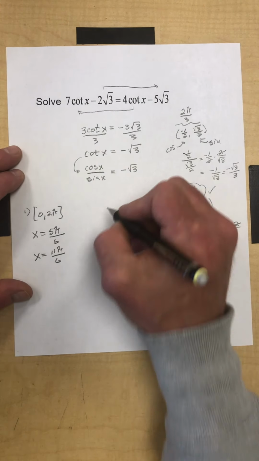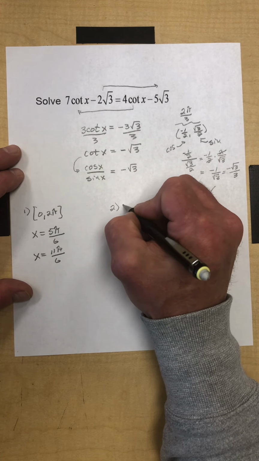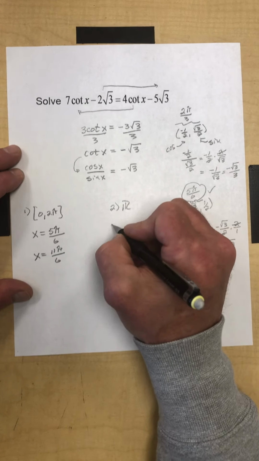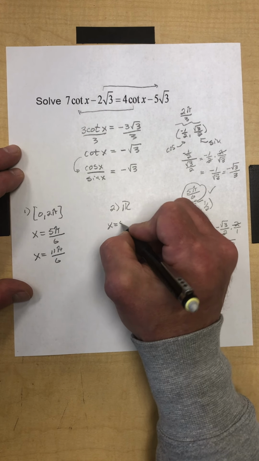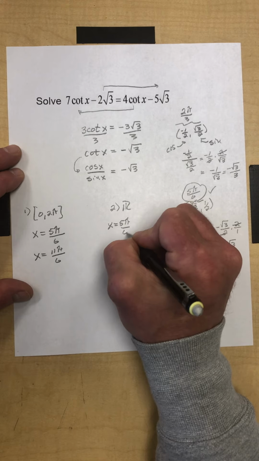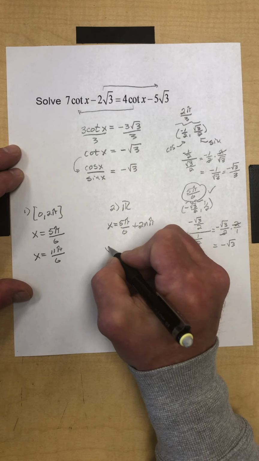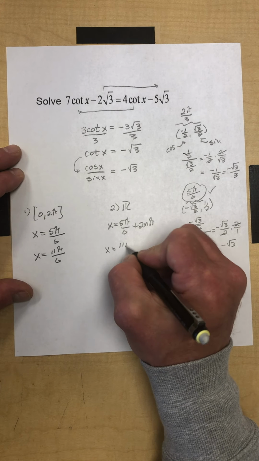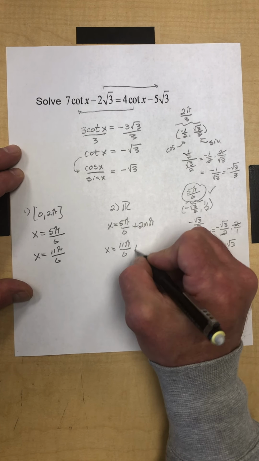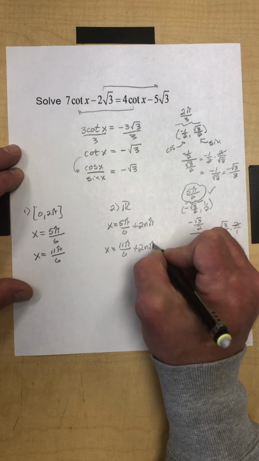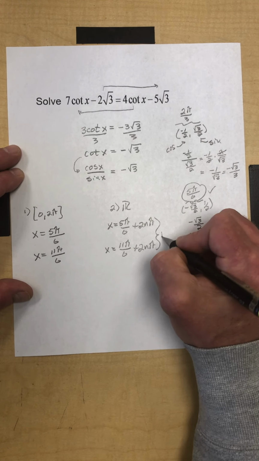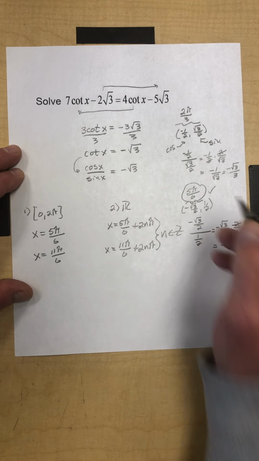And if we want to go to the set of real numbers, that would be x equals 5 pi over 6 plus 2n pi, or x would be 11 pi over 6 plus 2n pi, where obviously n is an integer.